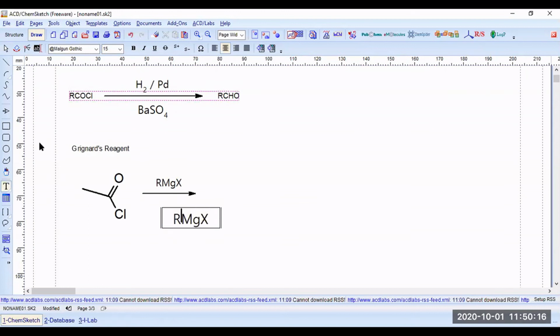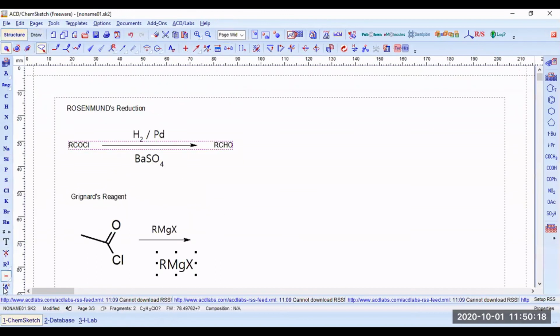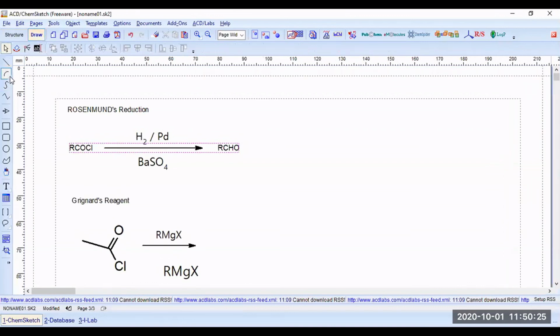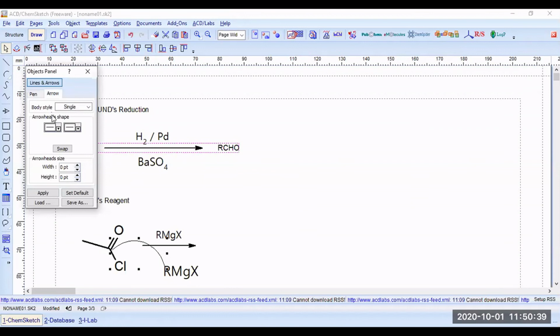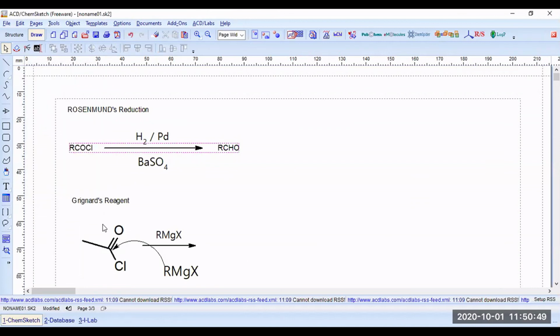R will attack on the carbonyl carbon. That is what happens. So now what will happen? Cl will leave. You will finally get ketone. R is having negative charge, and now the Cl will leave.